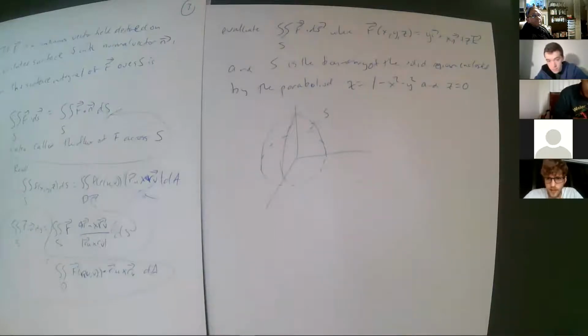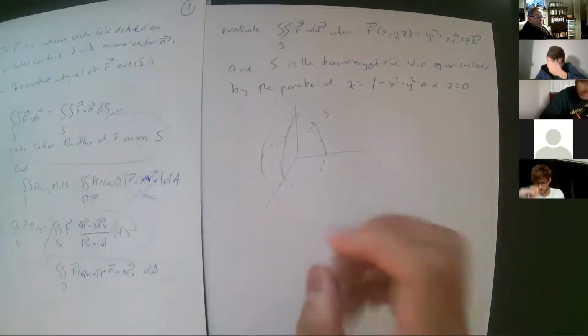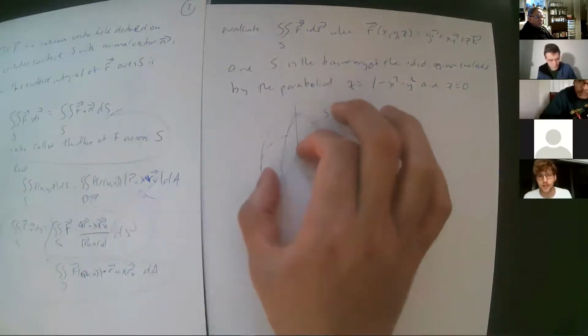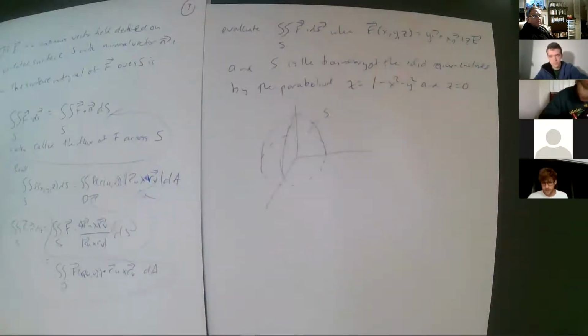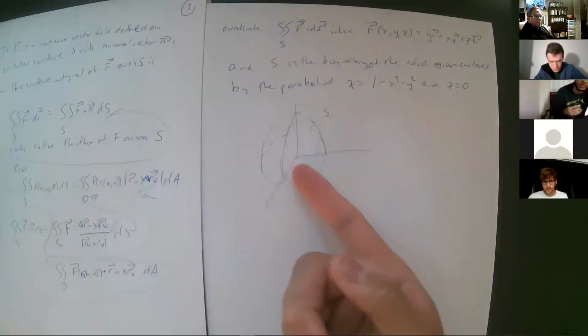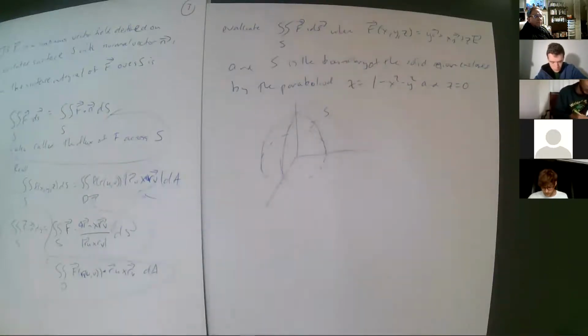Any questions? S is the boundary of the solid region enclosed by the paraboloid. So imagine this was one solid thing, and S is just the shell of the outside. S has two pieces, right? It has the circular piece at the bottom, and then that hat piece, the shell piece at the top.